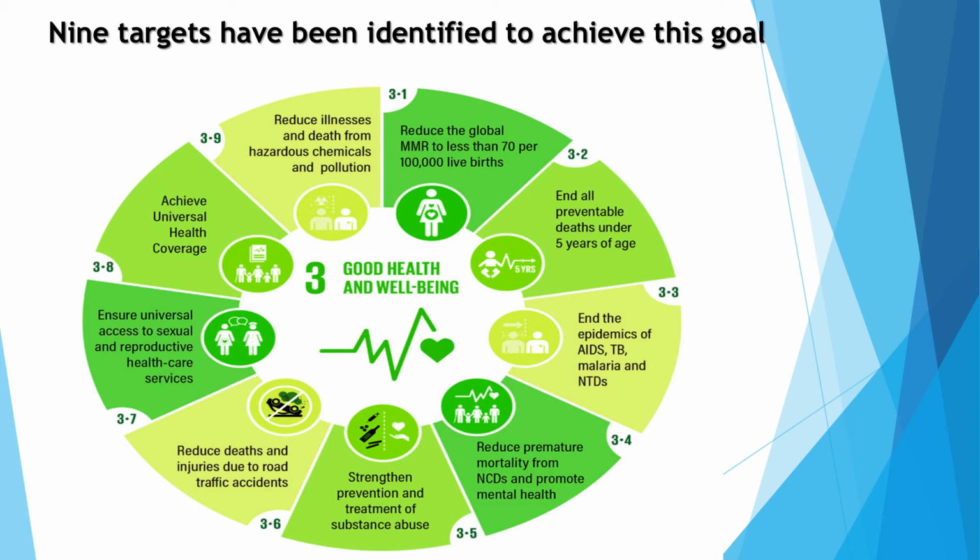As you see, the main things are to reduce the global MMR and all preventable deaths and the epidemics of disease, reduce mental health problems, strengthen the treatment of substance abuse, reduce deaths from traffic accidents, ensure universal access to healthcare services, achieve universal health coverage, and finally reduce illness from chemicals and pollution.